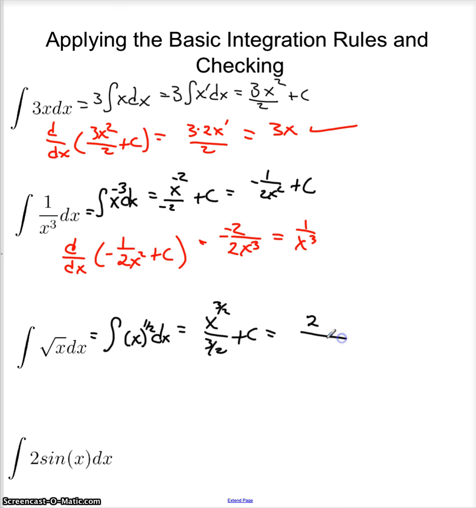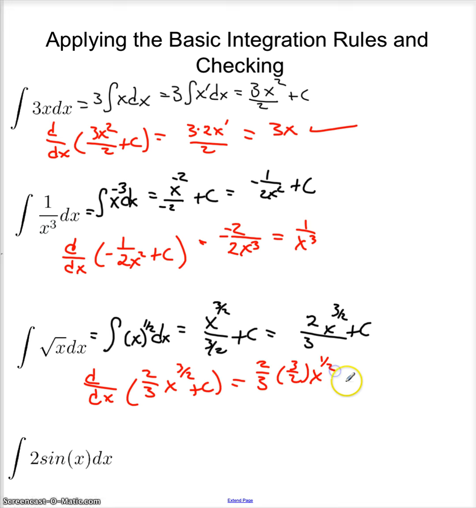So this is 2/3 x to the 3/2 plus c. I'm going to check it. d dx of 2/3 x to the 3/2 plus c is, let's see, 2/3, bring down the power, 3/2, x to the 1/2 plus 0, that all cancels, so this is just x to the 1/2.